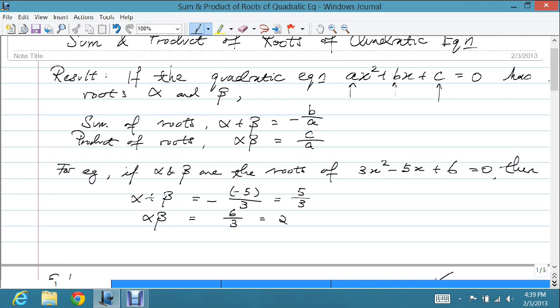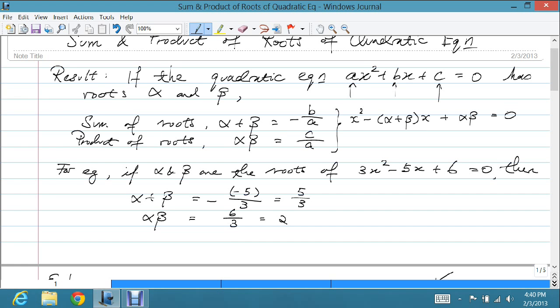A corollary of this result is that the equation with roots alpha and beta should always take the form x squared minus alpha plus beta times x plus alpha times beta equals 0.